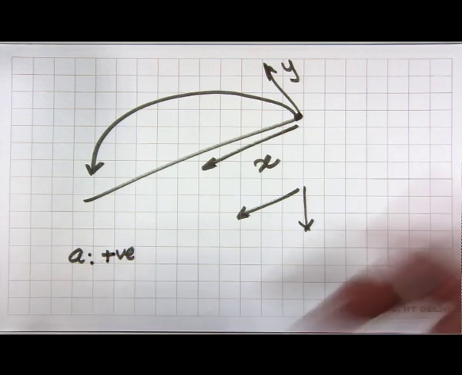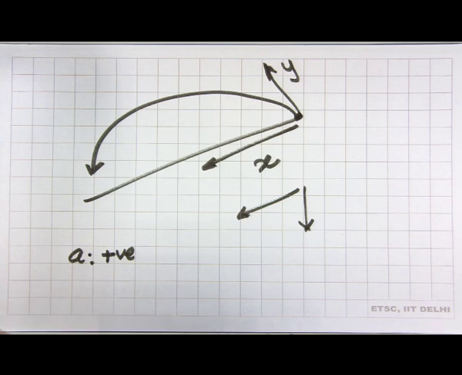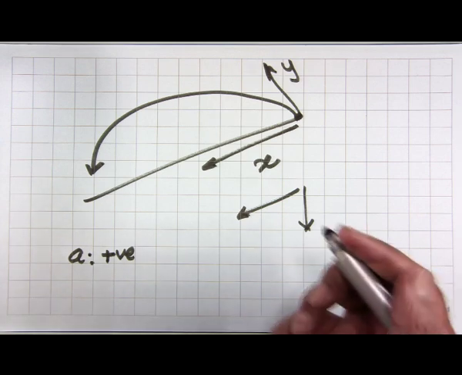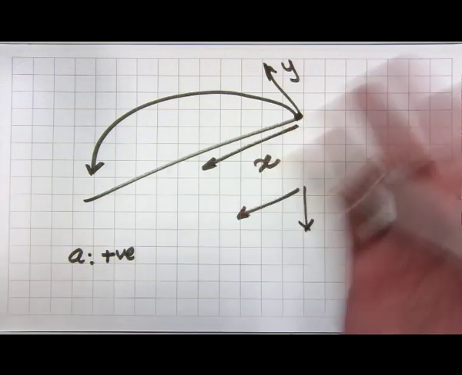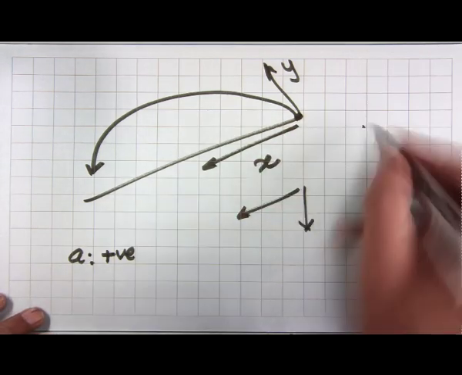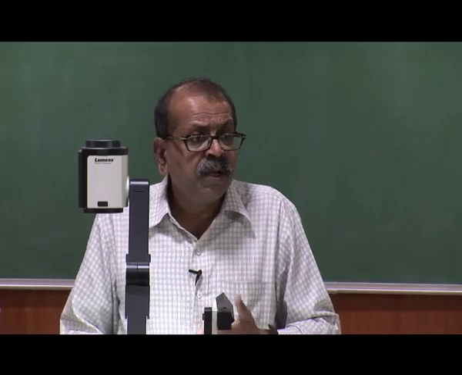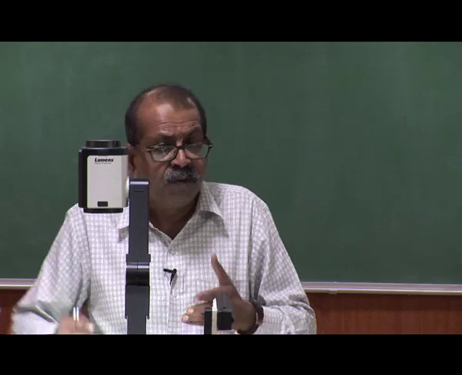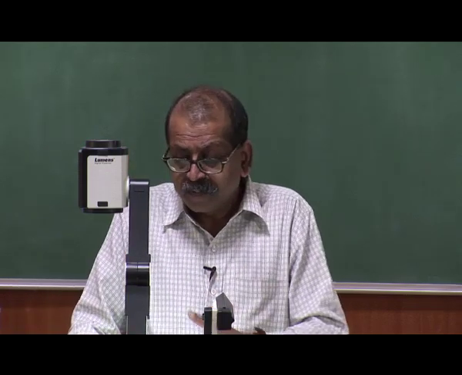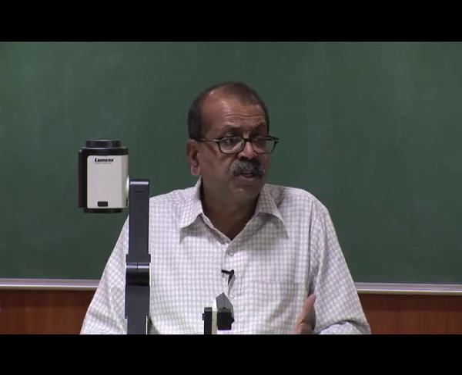It will not be negative, because your x is now going down. So, depending on your problem, whether x is up or down, you will have to resolve the particular value of acceleration along x and y and then solve. Be careful about the signs. If you take y as up, then there are certain negative signs, certain positive signs.